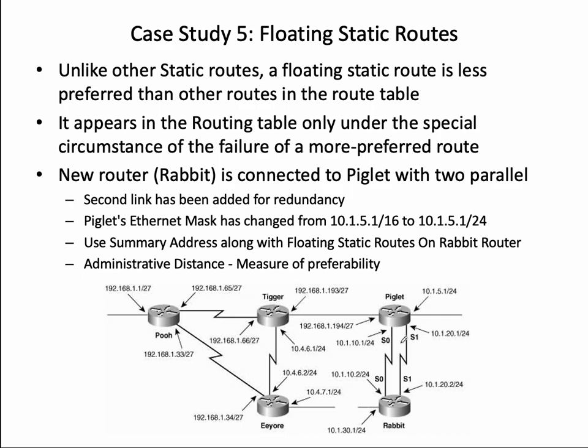So if we go back here, if you want to reach 10.1.4.0, then it simply says, hey, use this one as a next hop and this one as a next hop. So you use both, equal load balancing. Static route, equal load balancing.